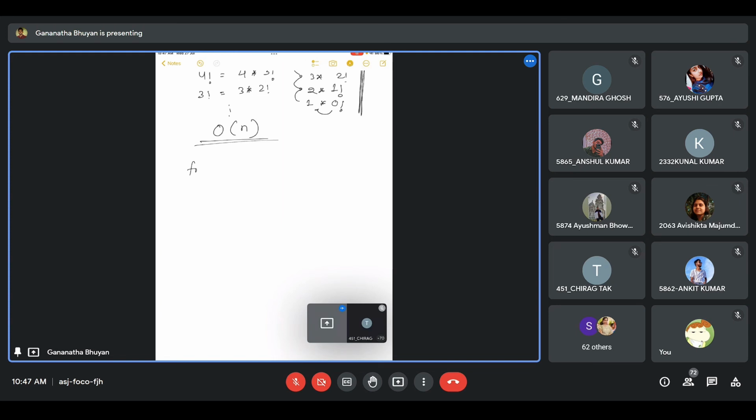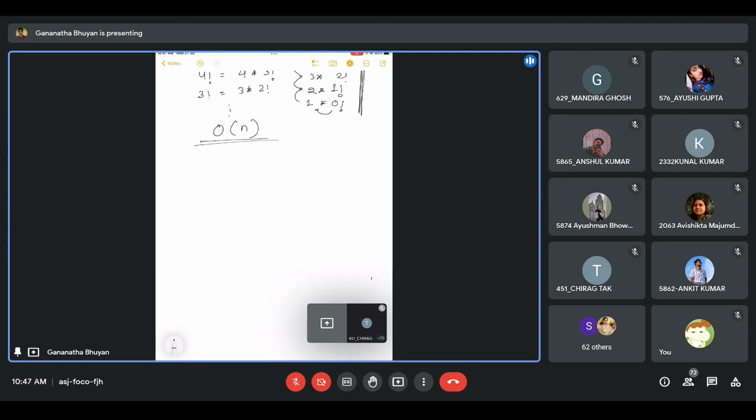How many times a particular instruction or operation is executed gives you the idea about the time complexity of that code sequence.